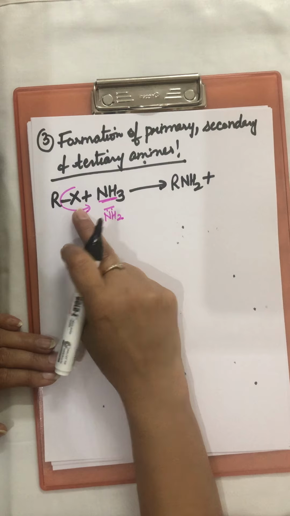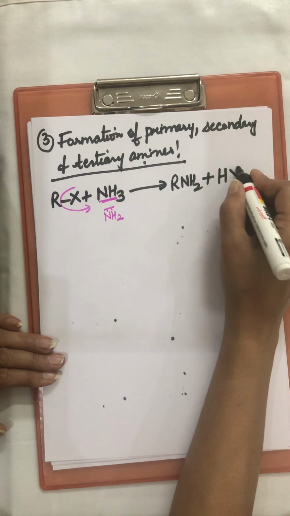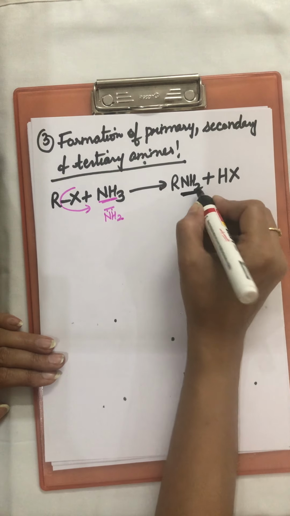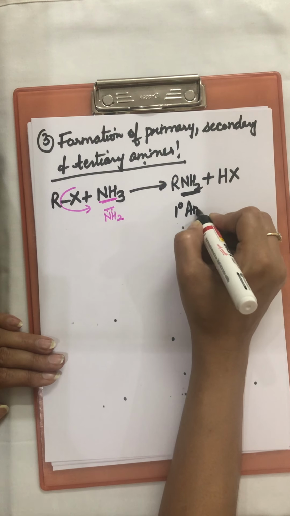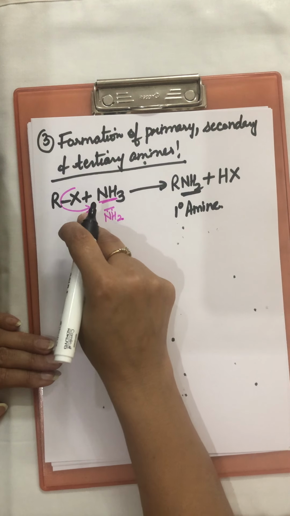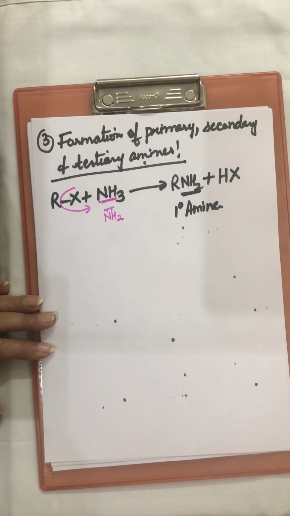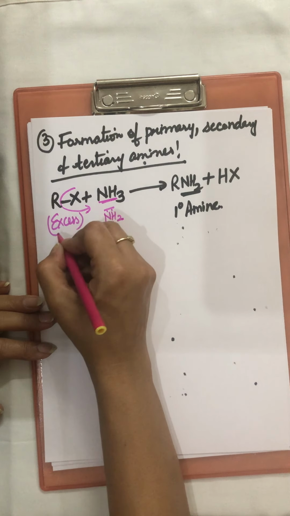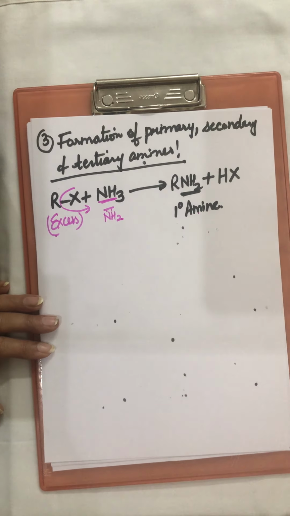That H will combine with X. So we are getting HX as a byproduct here. RNH2 is primary amine. Now if haloalkane is taken in excess, it will attack this amine formed again.